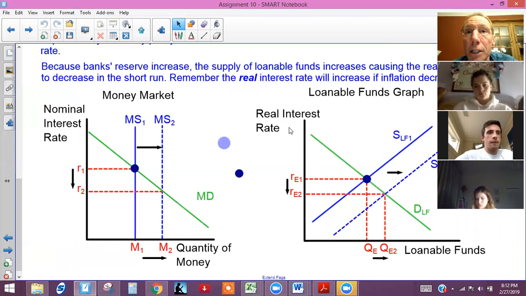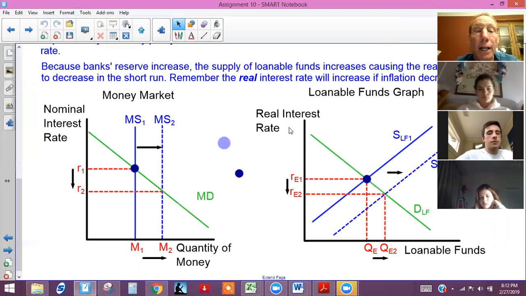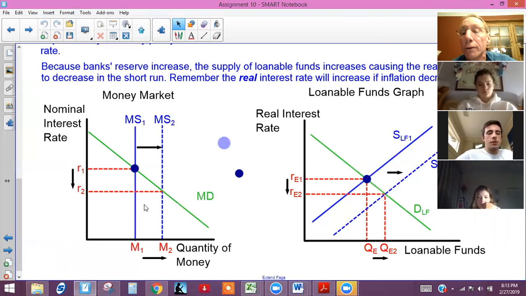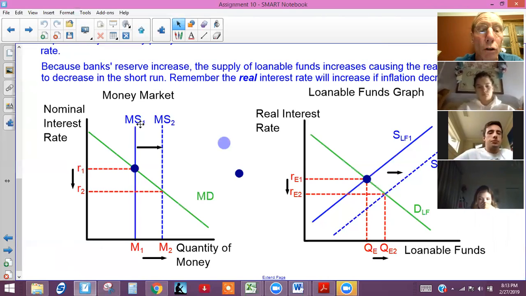Because if inflation is higher, it means the real interest rate is lower, isn't it? And the other part about that is you need to know that this is controlled. This is the money supply curve that can only be changed by the Federal Reserve doing some kind of monetary policy, right? So that's why this is vertical, right?